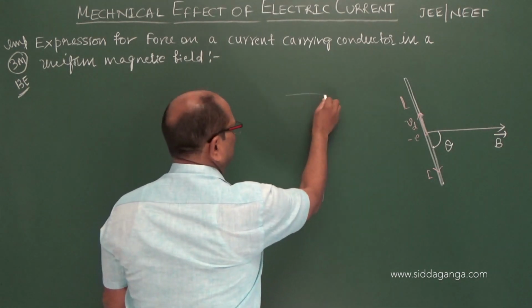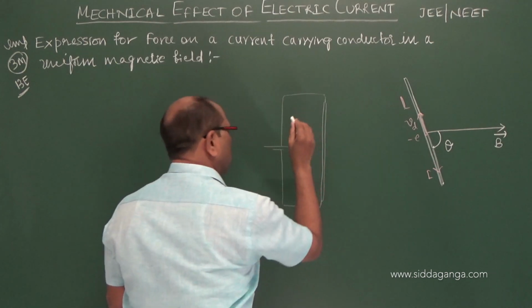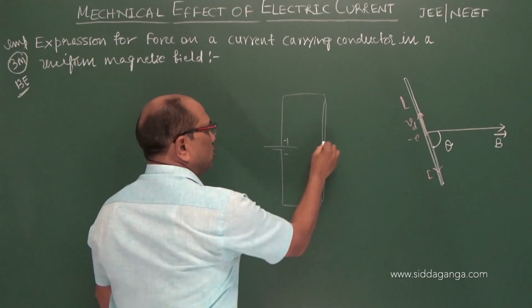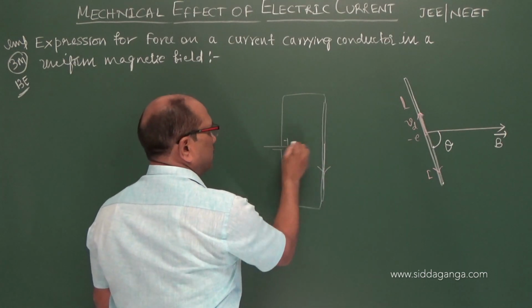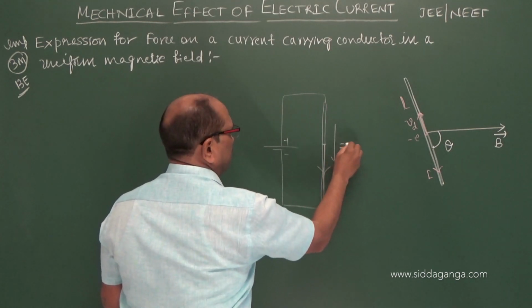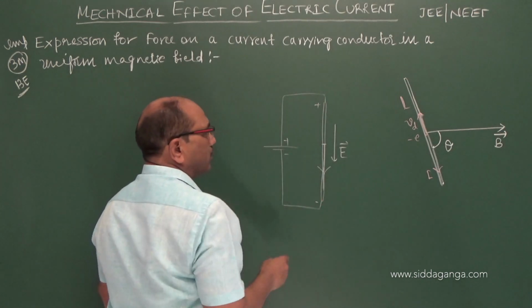But when we apply a potential difference across the conductor, then current is established due to the drifting of electrons opposite to the direction of the electric field. An electric field is established in this direction, from positive to negative end.